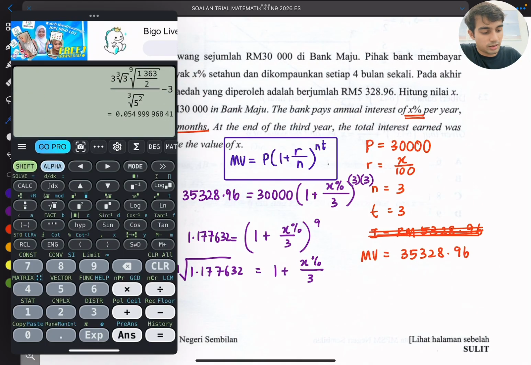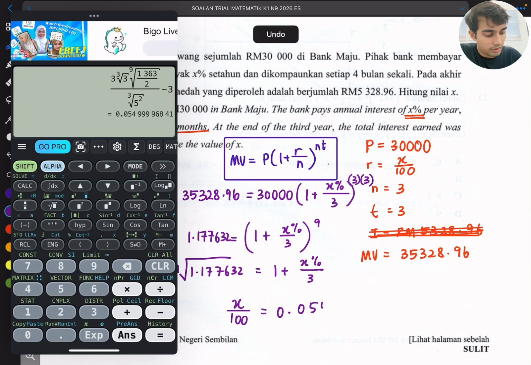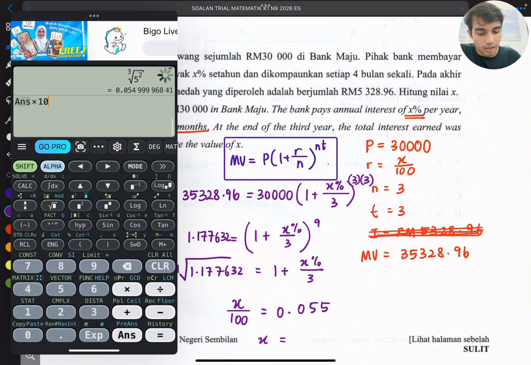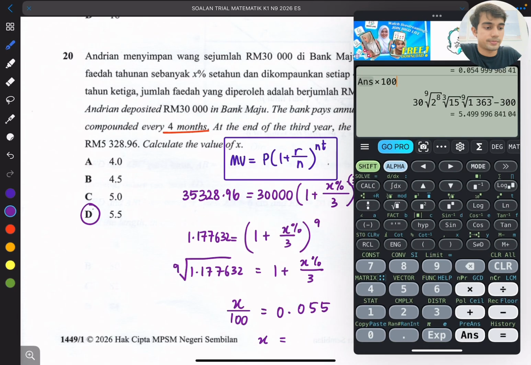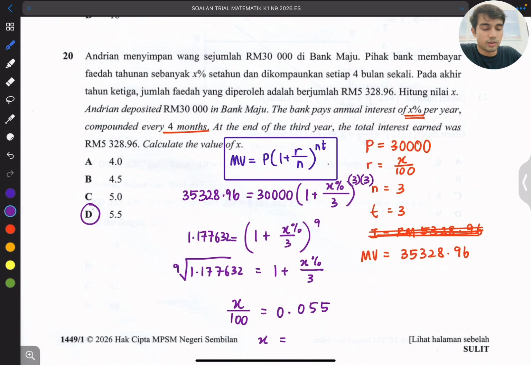So x percent, which is x over 100, equals this, 0.054055. So x will become 100 times this. 5.5%. T. Wow, quite hard to solve this paper.